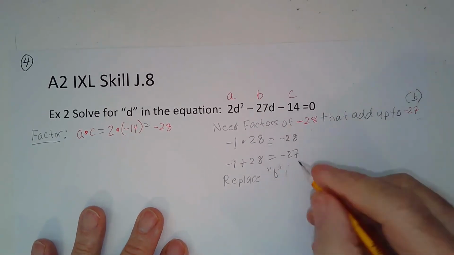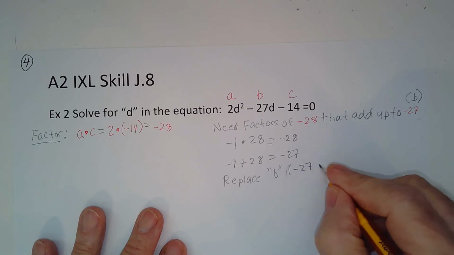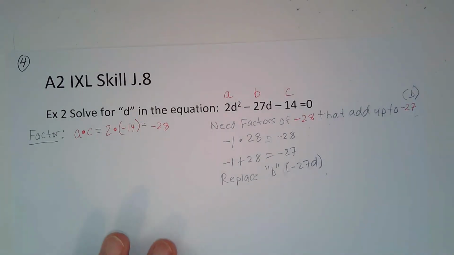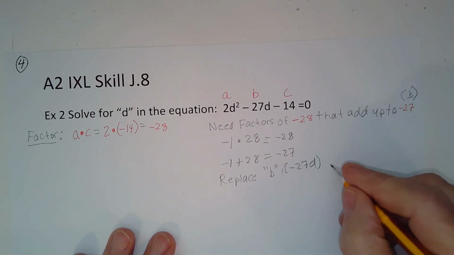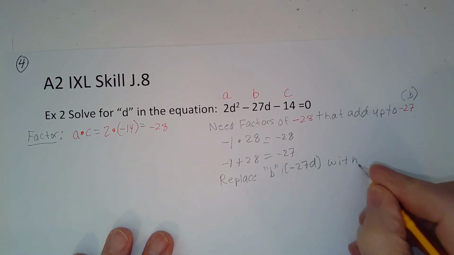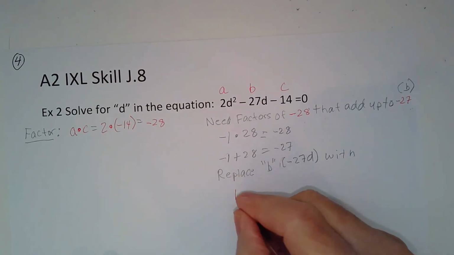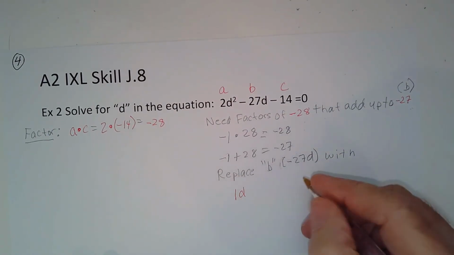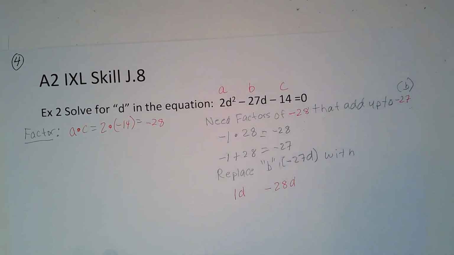We're going to replace the b, and that's negative 27, but there's a d attached to it, with 1d and negative 28d. Okay?